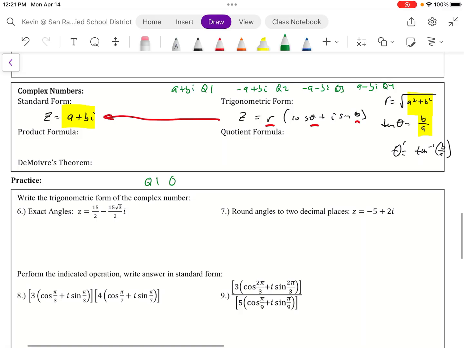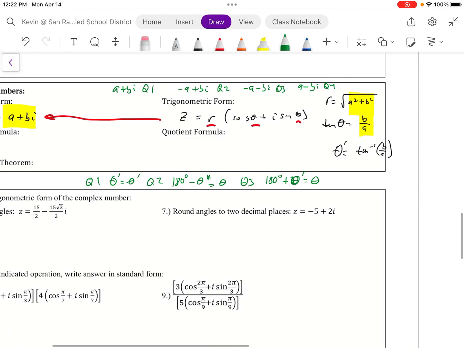So you have to look at where you are. If you're in Q1, then the angle theta equals the reference angle. Q2 is 180 degrees minus the reference angle. Q3, it's 180 degrees plus the reference angle.